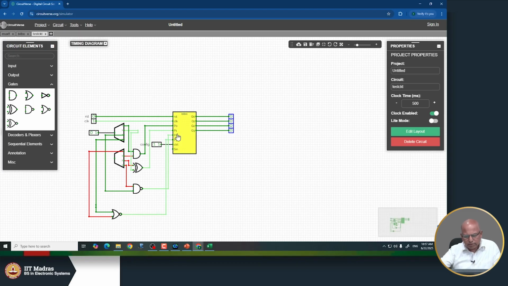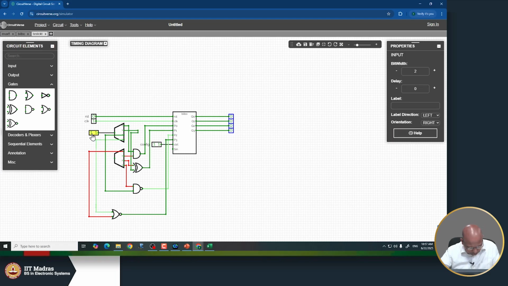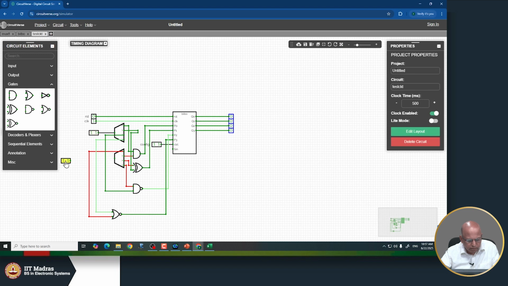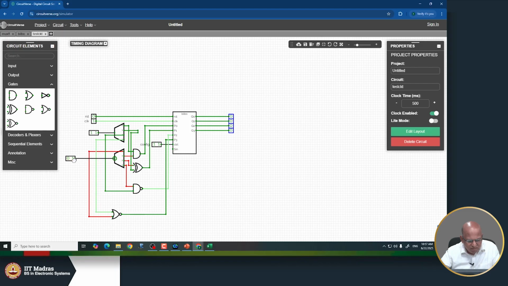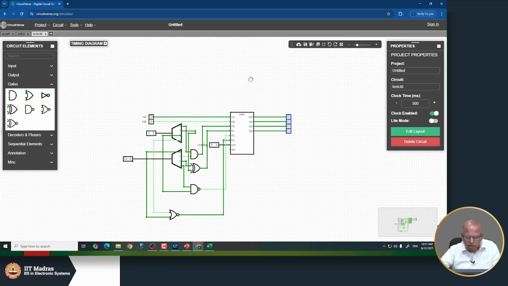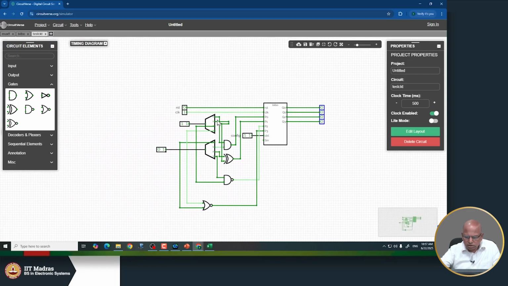Okay. So this is some arbitrary circuit, and we need another two inputs here. So all of this is some random logic.